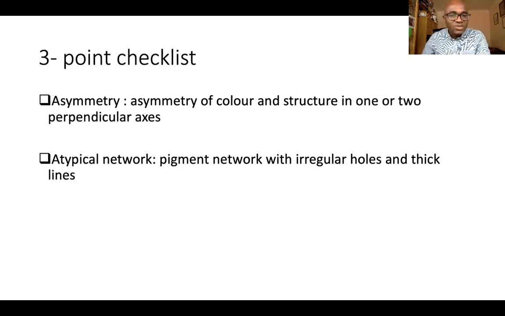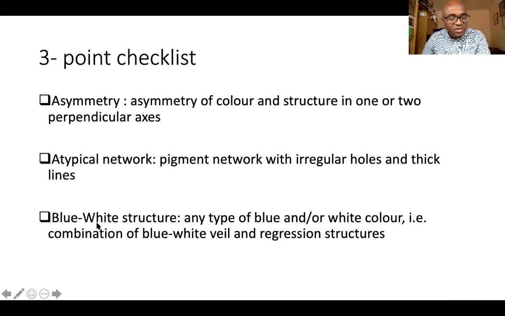So whether the network is typical or atypical. And again, whether the lesion in terms of color and structure is either symmetrical or asymmetrical. And the third part is, are there blue-white structures in the dermoscopy image that you're looking at?